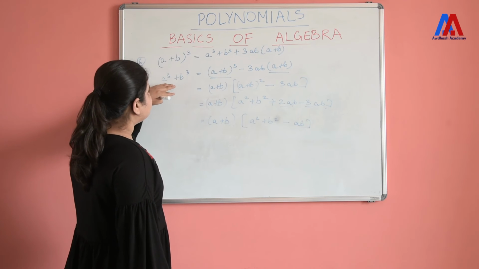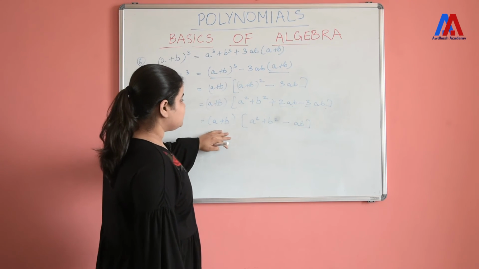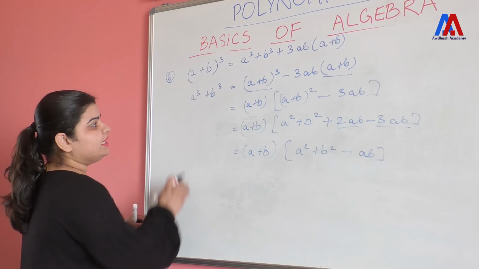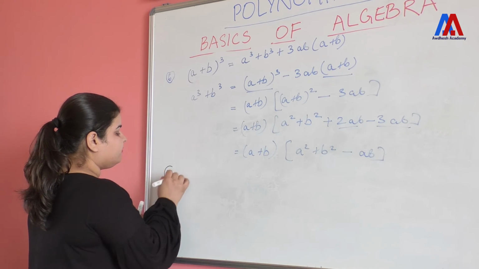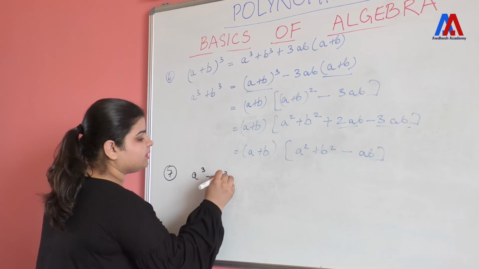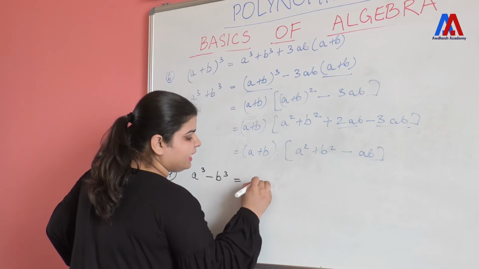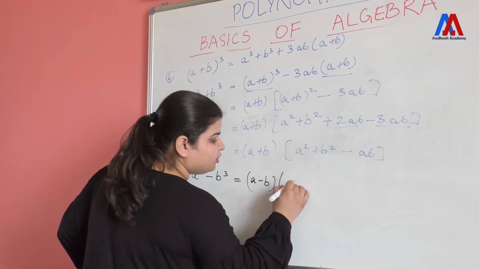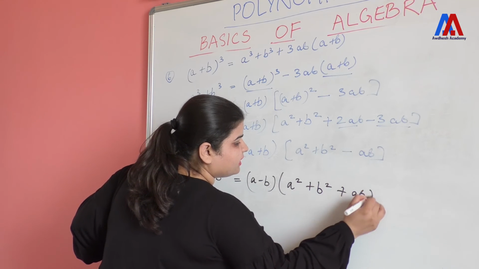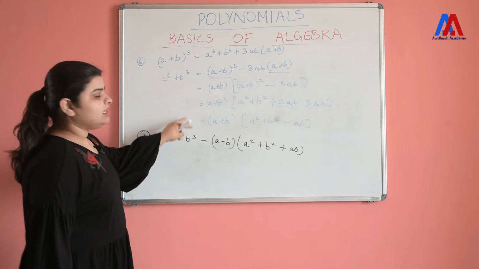So a cube plus b cube is a plus b into a square plus b square minus ab. Now in the same way we can find our seventh identity for a cube minus b cube, which would be a minus b into a square plus b square plus ab. This can be derived in a similar way.